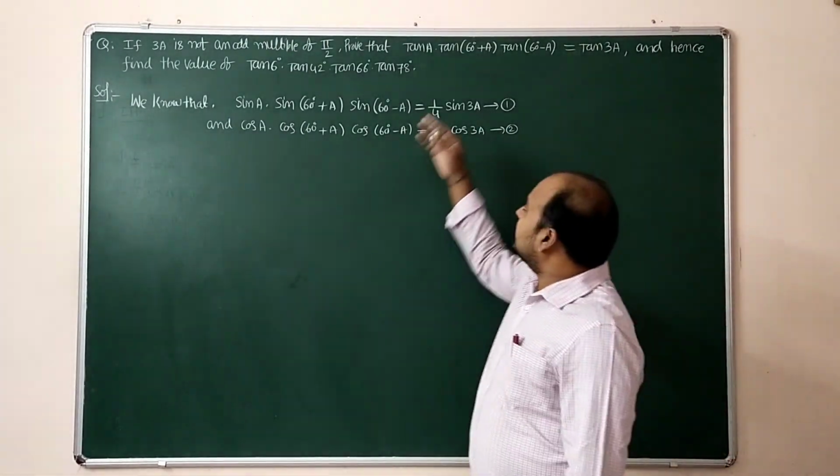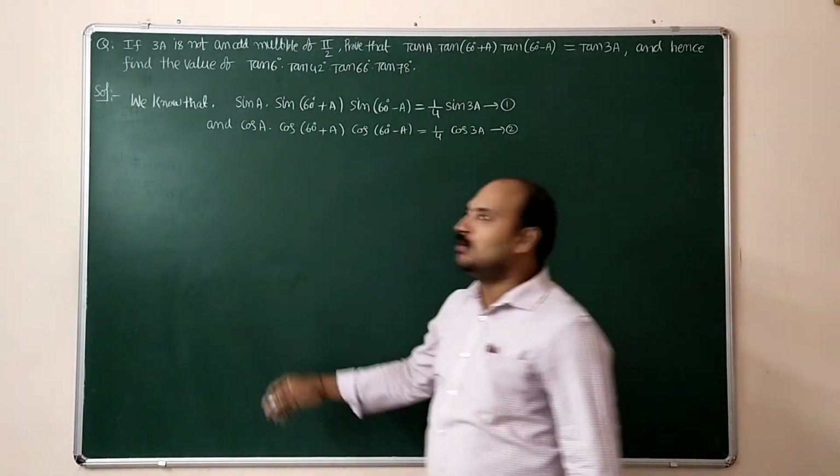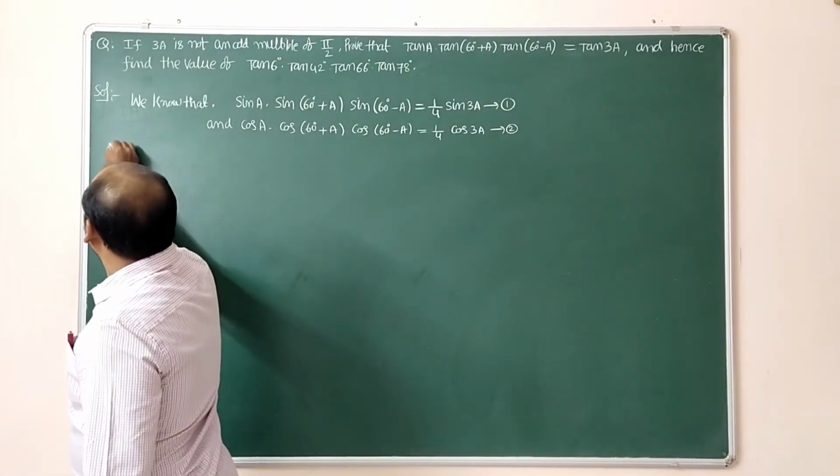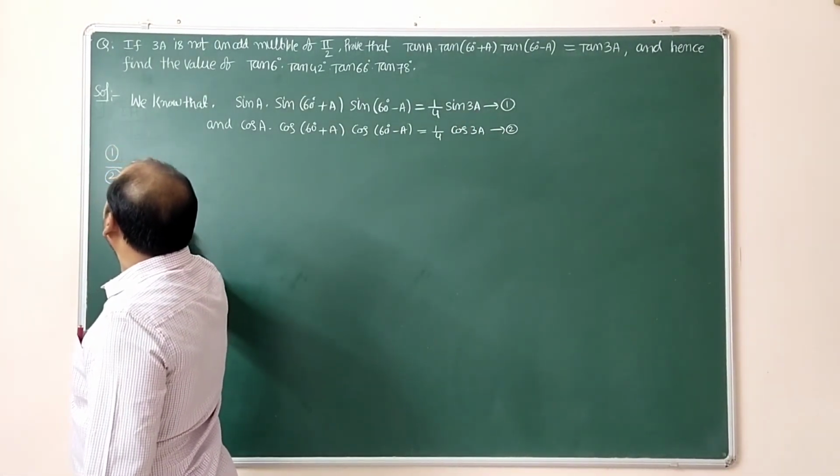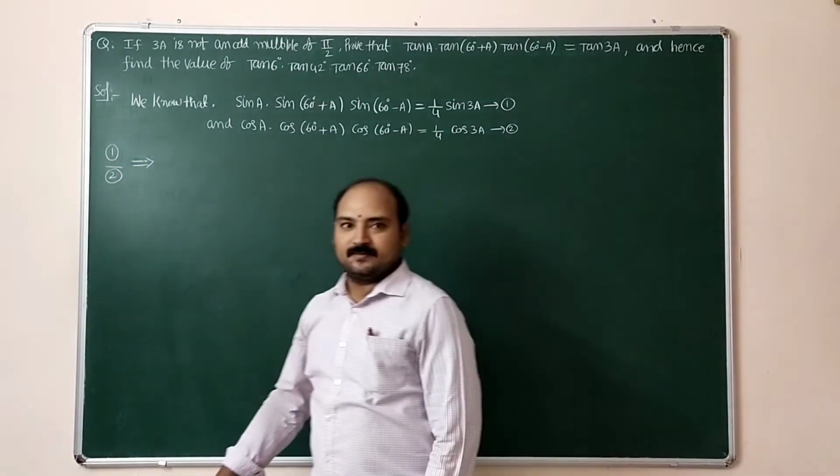After that, to get the result tan, it is sine by cos only, no. So equation 1 divided by equation 2, LHS as well as RHS.